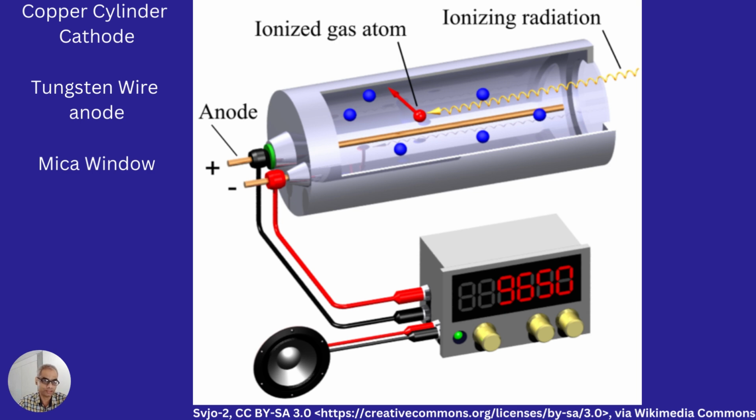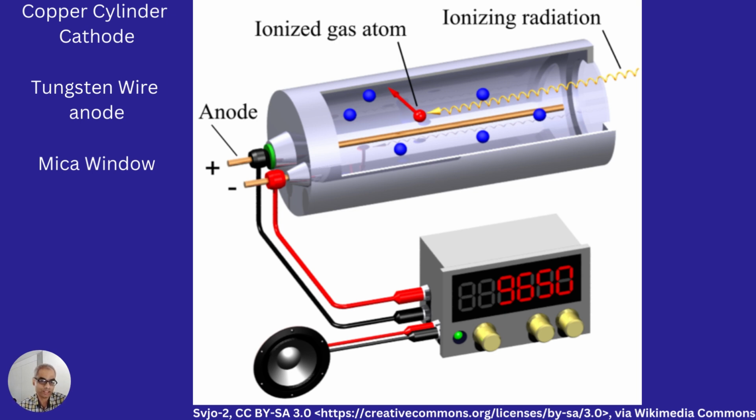It consists of a cylindrical cathode, which is made up of normally copper or any metal, and we have the tungsten wire or any metal with very high melting point, which acts as an anode, whereas this cylindrical cathode acts as a cylinder. There is a mica window from one side where the radiation is allowed to enter into the cylinder or the GM tube, whereas the other end is closed with the solid material.